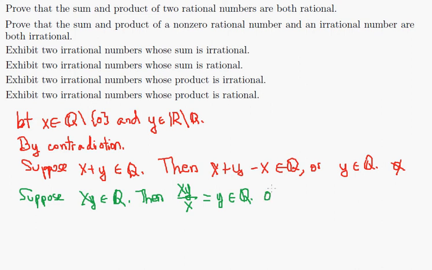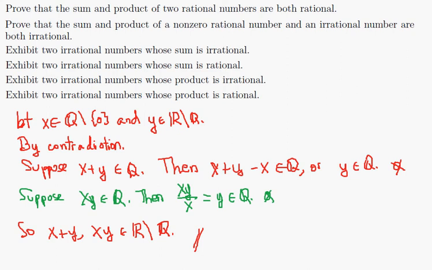And again, that is a contradiction. So our conclusion is that both x plus y and x times y must be irrational numbers. And that's the end of the proof.